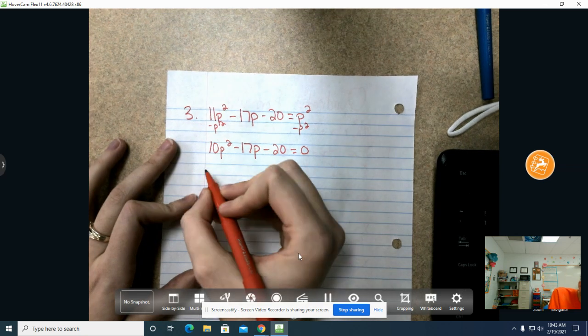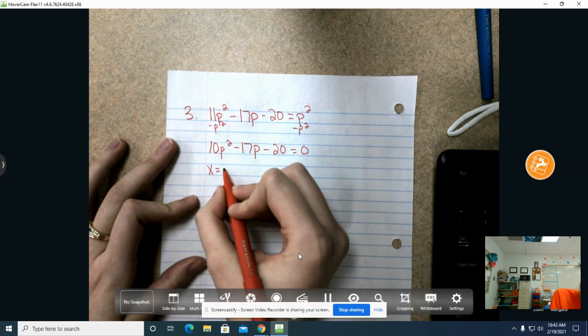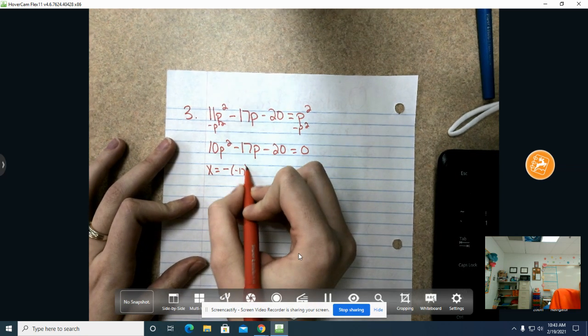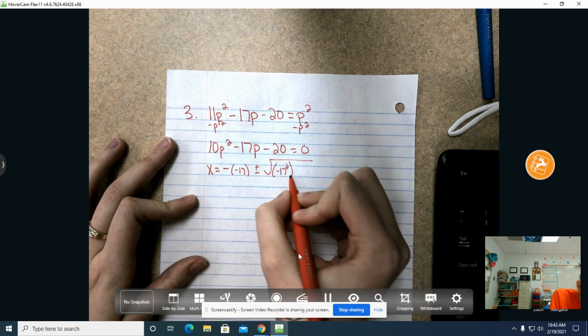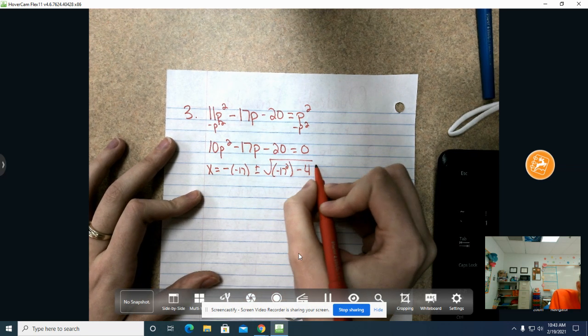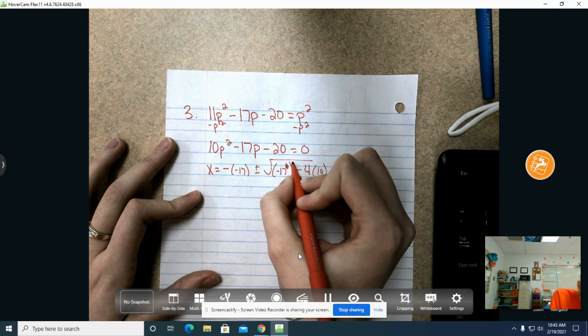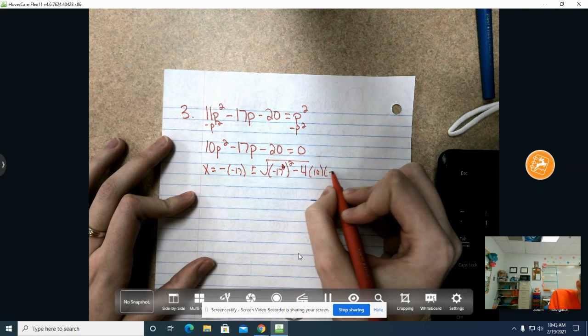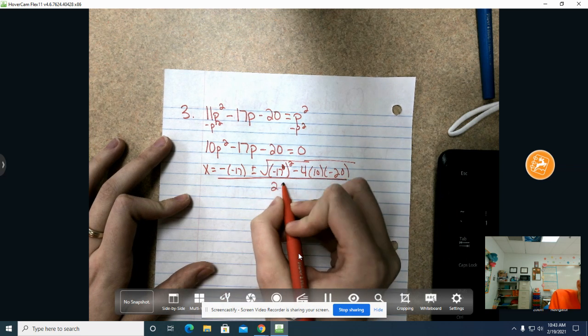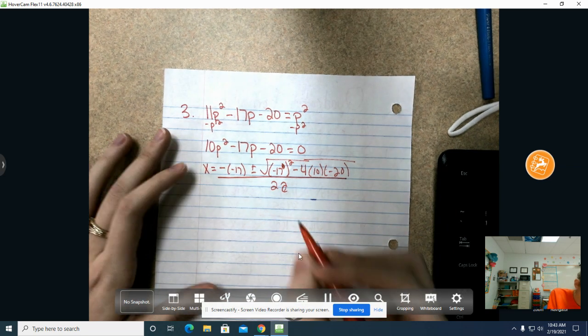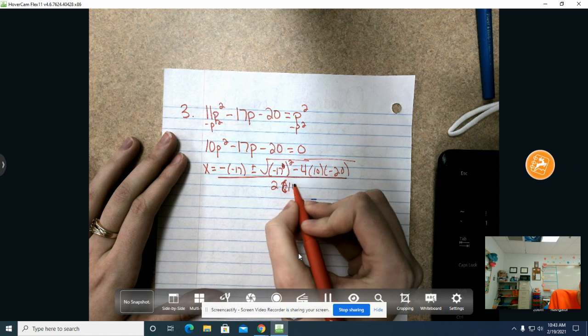Then we're going to want to do the quadratic formula. x equals negative b plus or minus the square root of b squared minus 4ac all over 2a. Oh, and our a is 10.